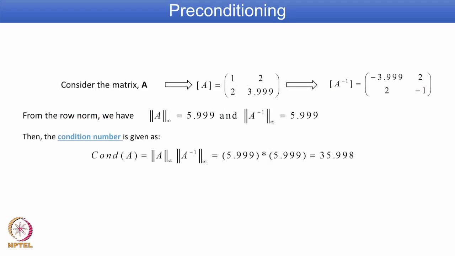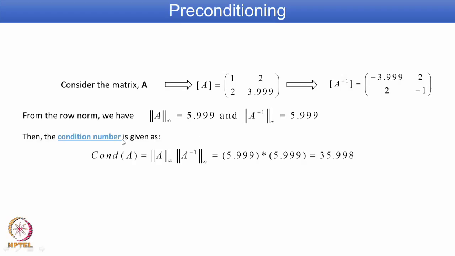Let us find out how to compute the condition number. For this we take another example matrix, a simplified matrix. A has 1, 2, 2, 3.999. Now, the inverse of this is minus 3.999, 2, 2 and minus 1. So, we find the RowSum norm of the original matrix as 5.999 and the RowSum norm of the inverse matrix as 5.999.